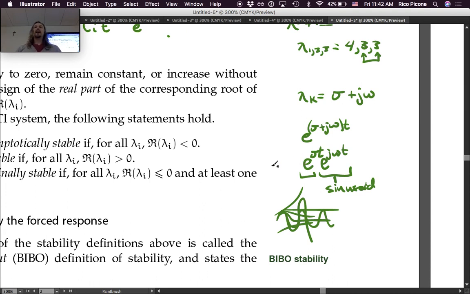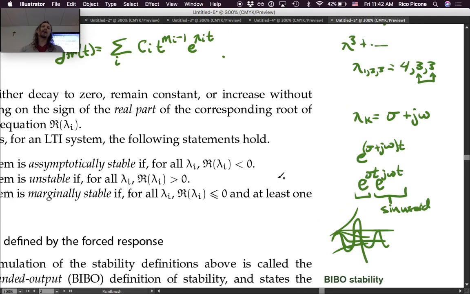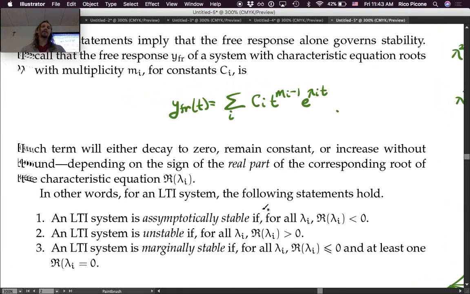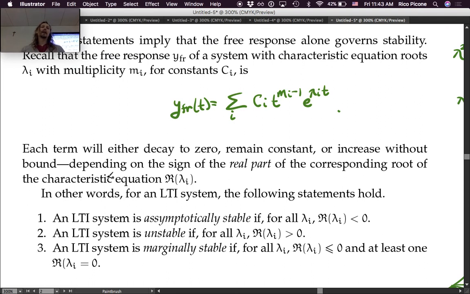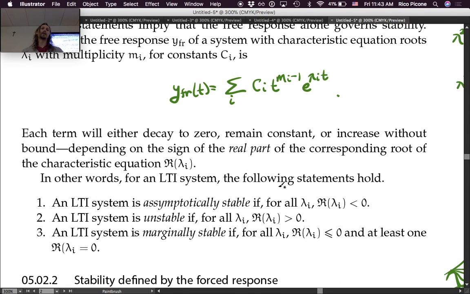So it's actually the real part of each root of your characteristic equation that dominates stability. The stability is all determined by the real part. And that's what I mean when I say it can do any of these things depending on the sign of the real part of the corresponding root of the characteristic equation.